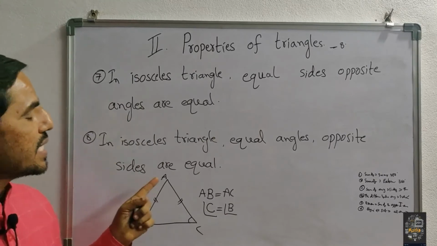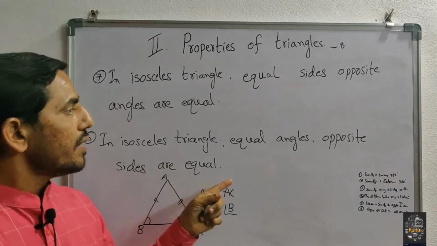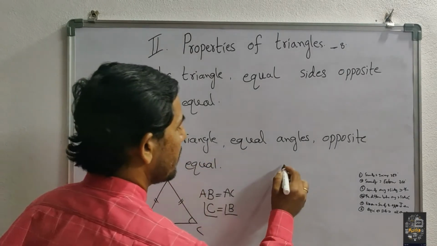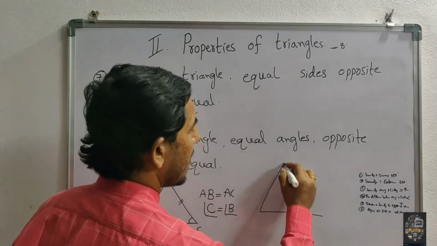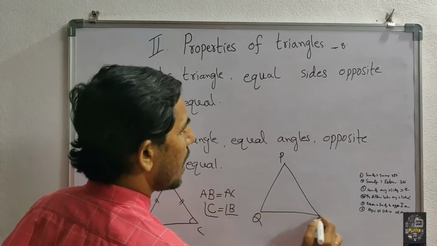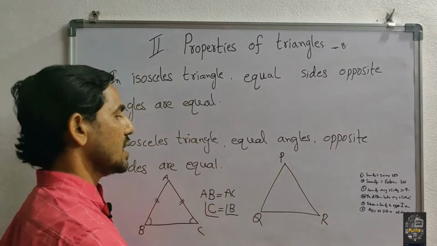Next, eighth condition. In isosceles triangle, it's reverse. Equal angles opposite sides are equal. So here I am taking another triangle, PQR. PQR is isosceles triangle.